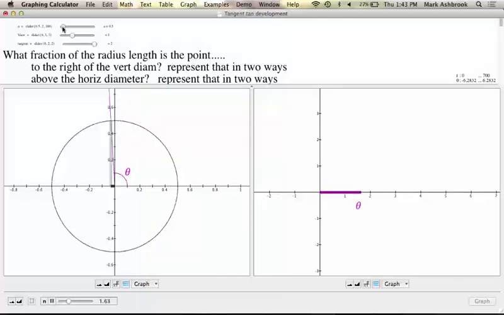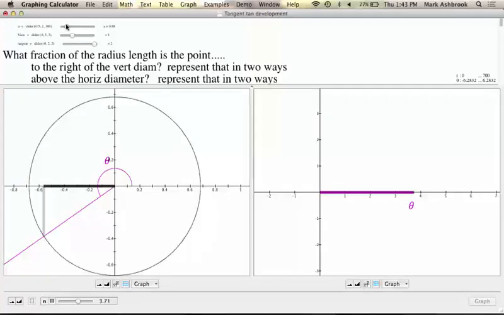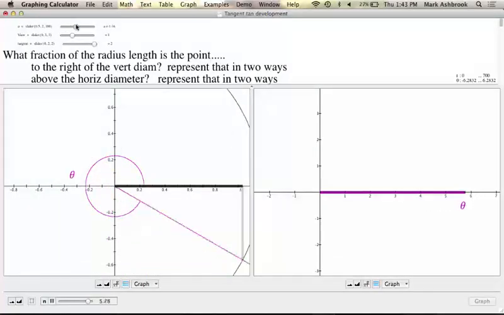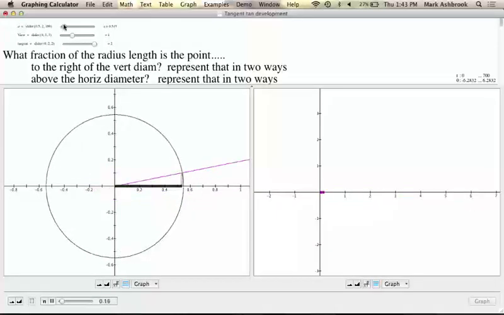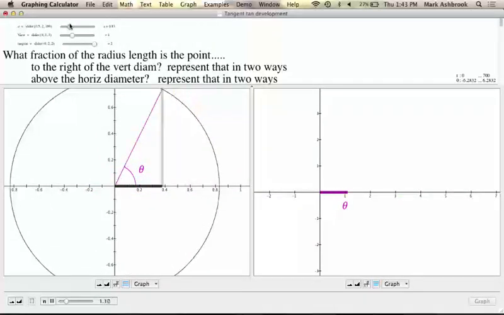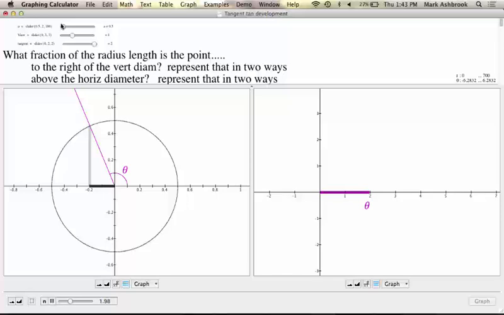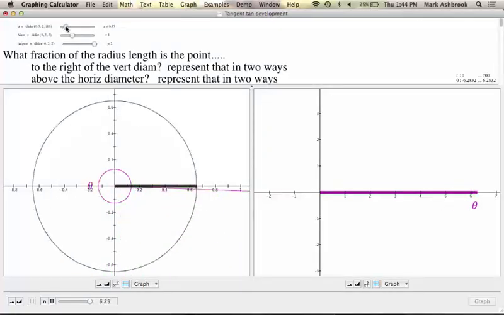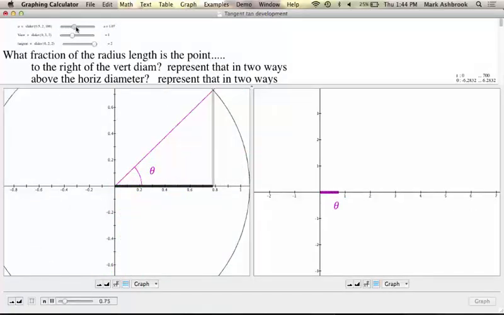So tell me, the lengths of the black and gray lines, do they change when I change the radius of the circle? Yes or no? Some are saying yes, some are saying no. Discuss, or tell me your thoughts.